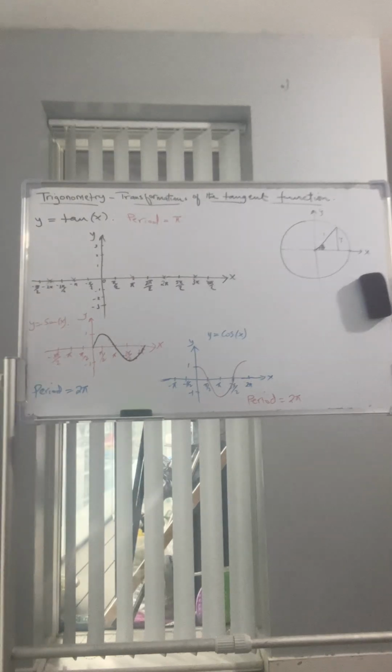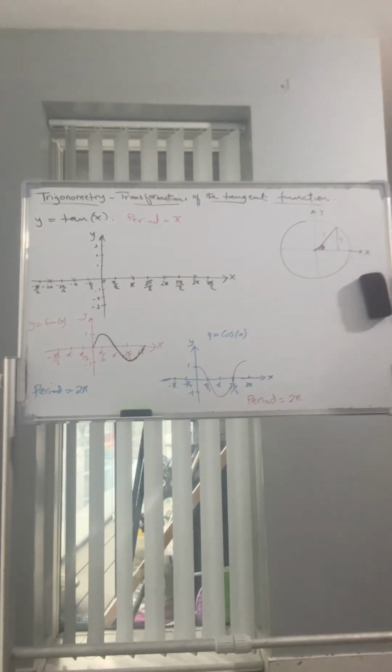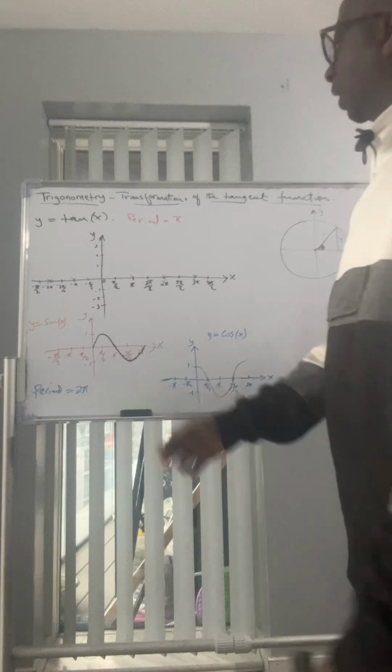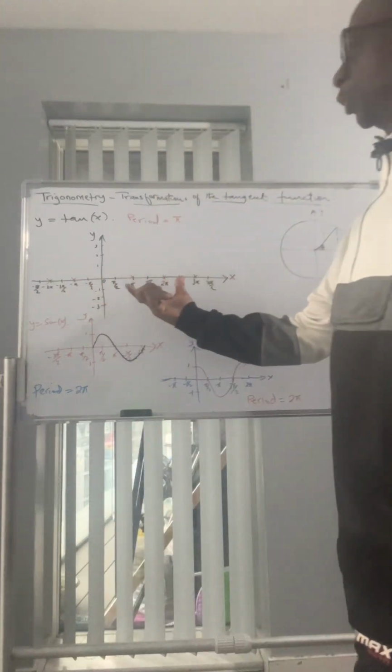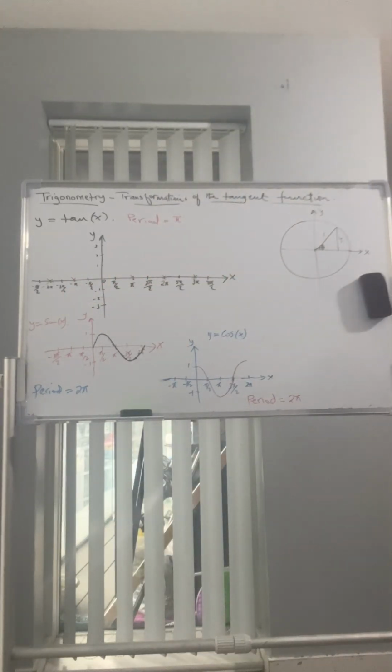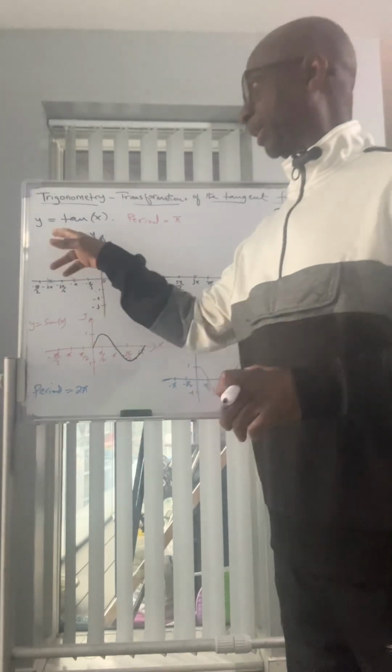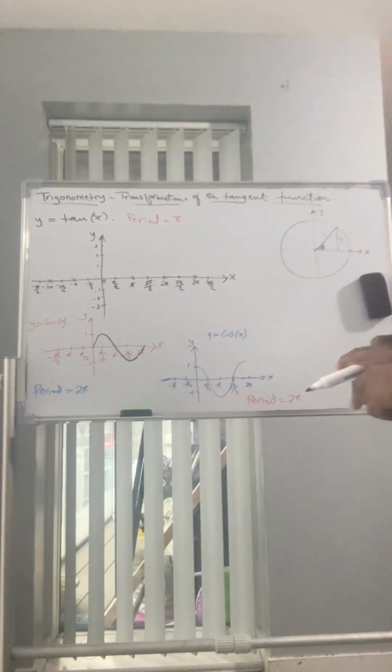So when you know these 3, you can work out the other 3. They are sister identities. Now, we're going to sketch the graph of y equals the tangent of x.